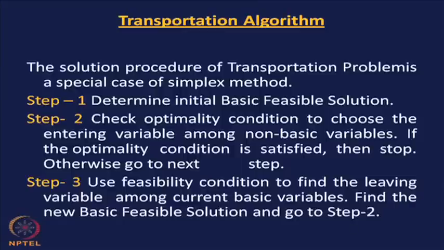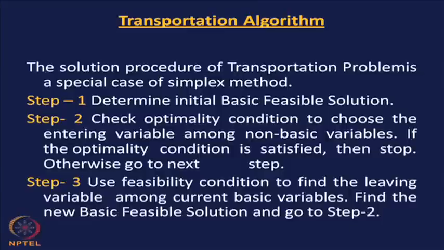From the initial basic feasible solution, if it is not optimal, there must be some entering variable among the non-basic variables. So after checking the optimality condition, we find the entering variable among the non-basic variables. If the optimality condition is satisfied, then you stop; otherwise you go to step 3.